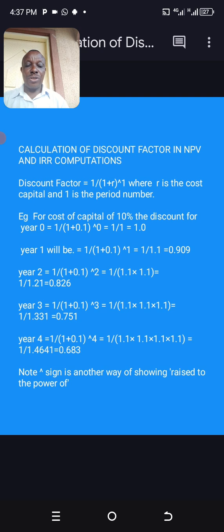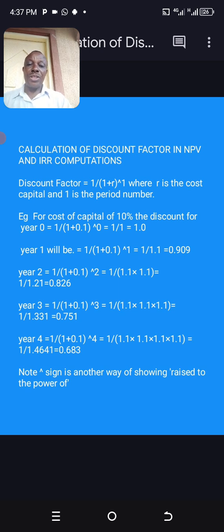This will give us 1 over 1.1, because if we add 1 to 0.1, we have 1.1. And if you use your calculator to check it, 1 divided by 1.1 will give you 0.909. So this means that the year 1 discount factor is 0.909.